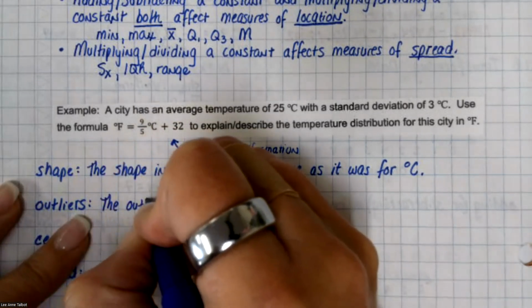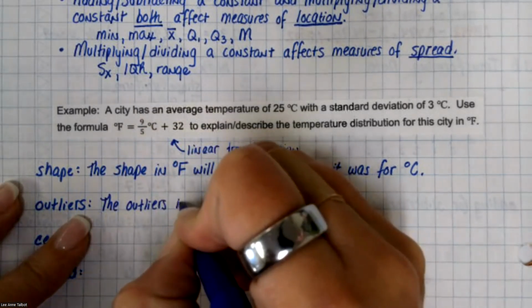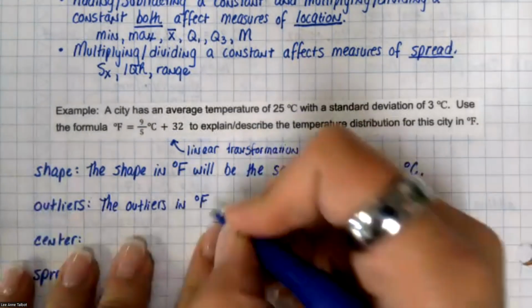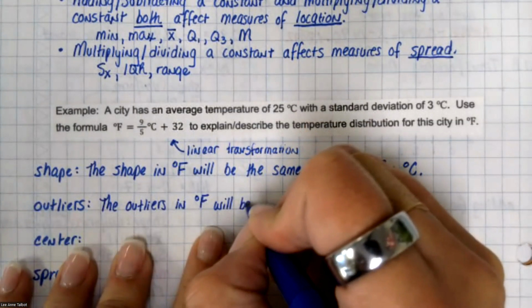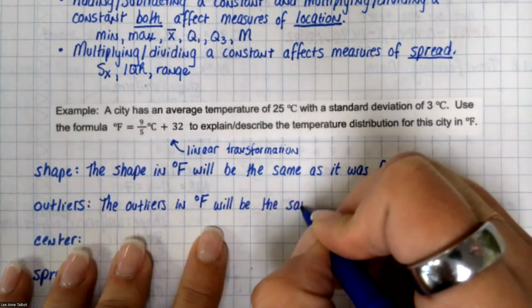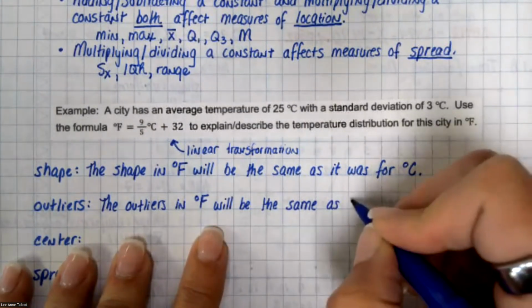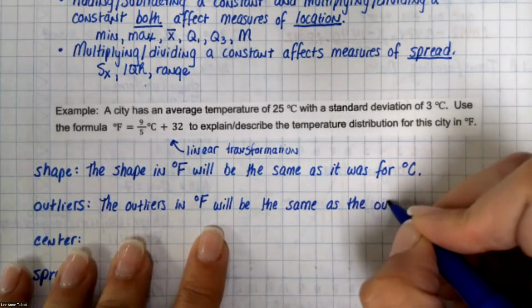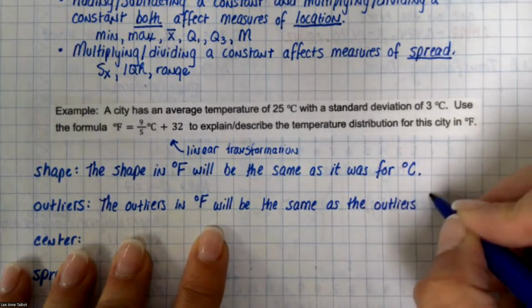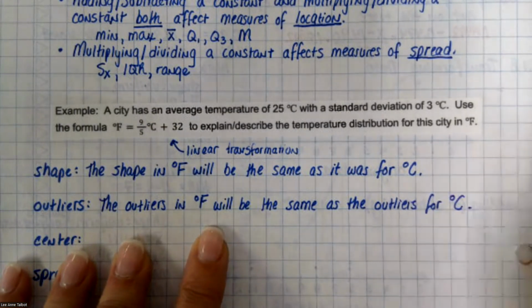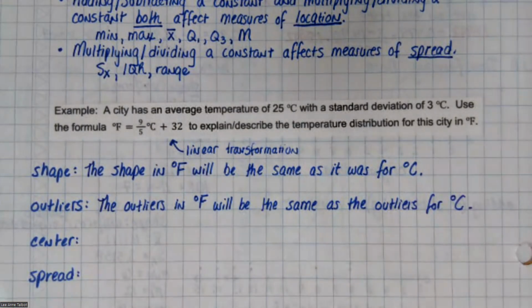The outliers in degrees Fahrenheit: whatever outliers there were in Celsius, those same values, once they're plotted on the new graph in Fahrenheit, will be outliers also. We can't find them, it's okay.